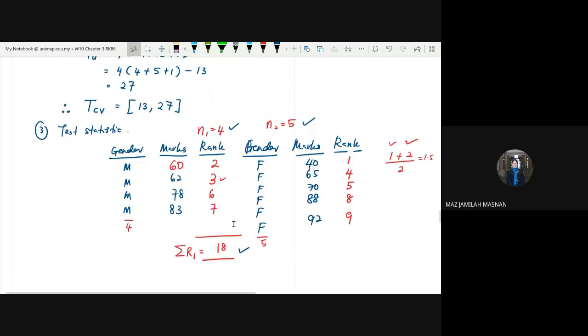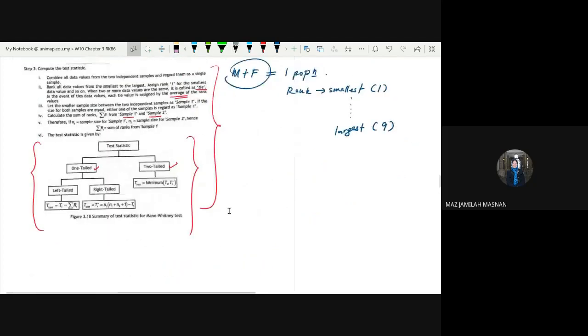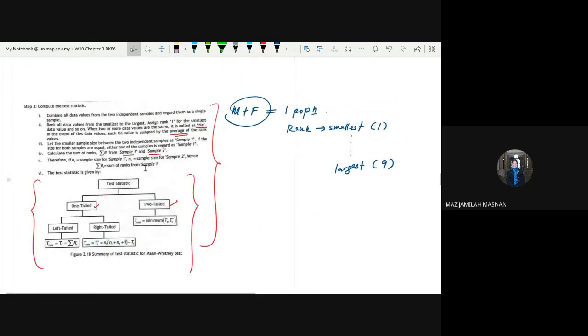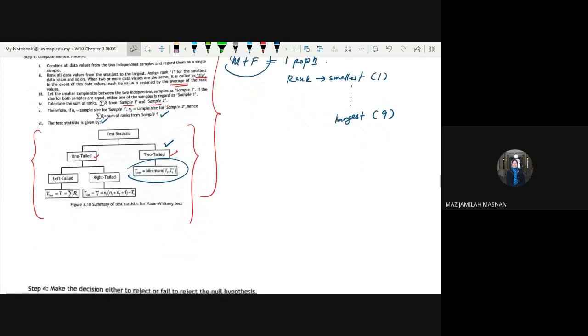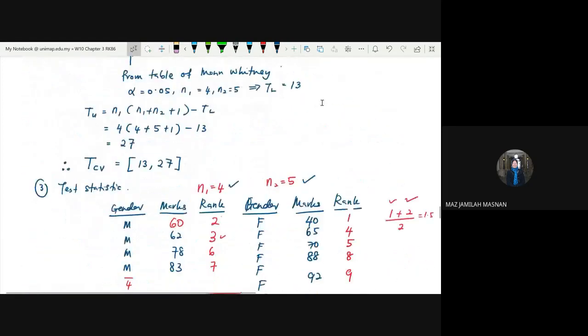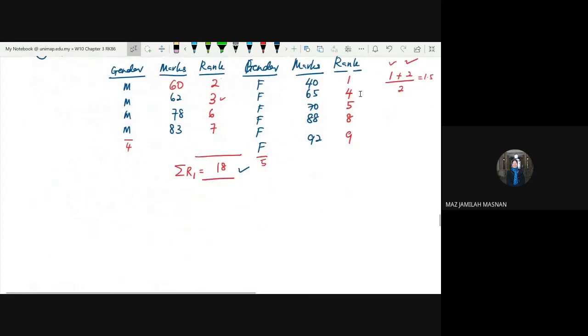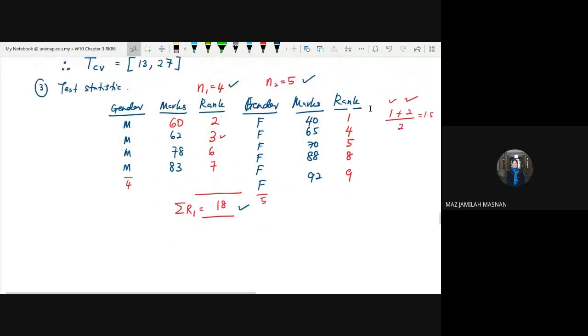Okay, so what's next? Find the rank 1, done. How to find the test statistic? Look at what your condition is. You are talking about a two-tail test, so you need to find the t-test using this one. Let's finish how to do it. The first one is this step.